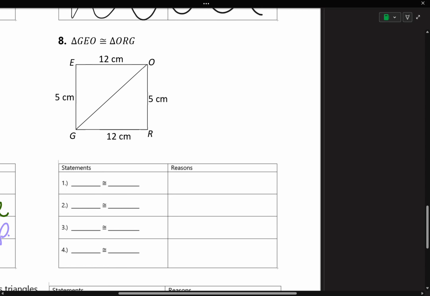Is triangle GEO congruent to ORG? They each have a 5 centimeter side. They each have a 12 centimeter side. And they share the middle. Hooray! We're congruent. Side, side, side. Here we go. We've got EG congruent to RO.